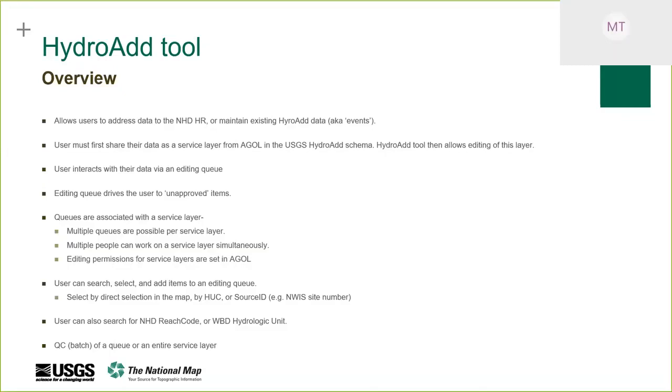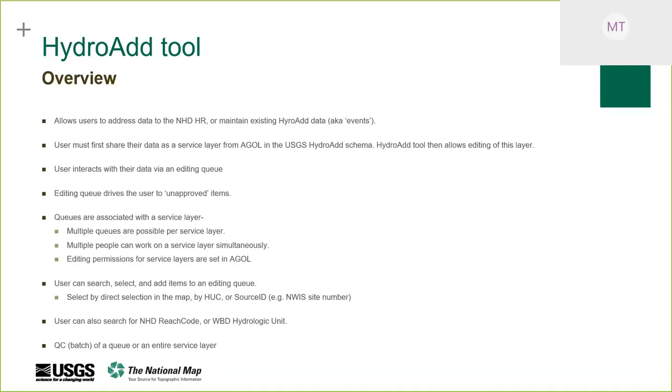The user can search their service layer and select things to add to an editing queue, or they can select in the map just by drawing a box and selecting features, or they can select by hydrologic unit code.